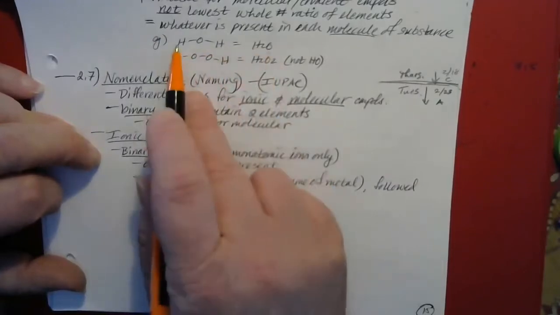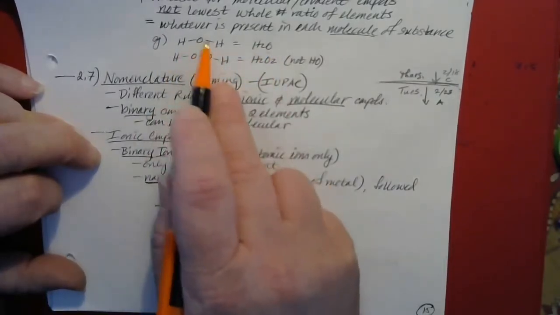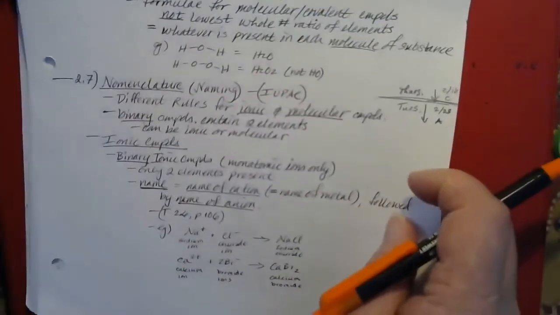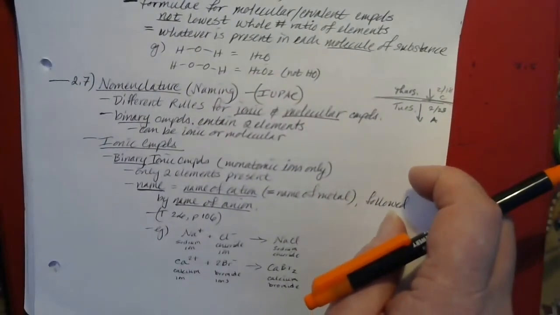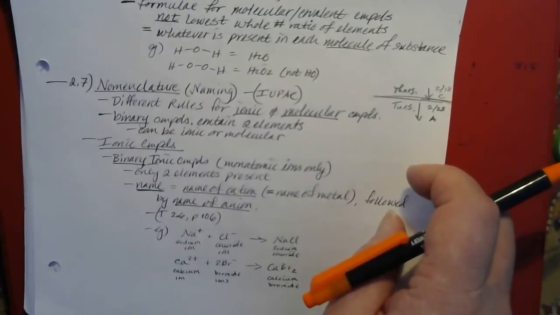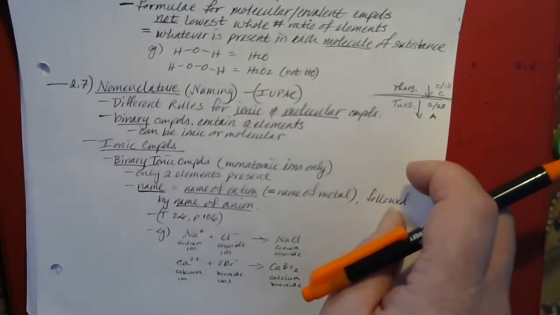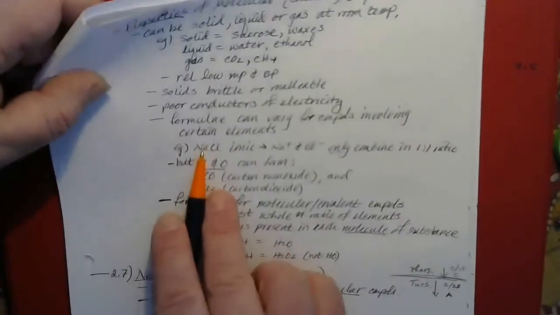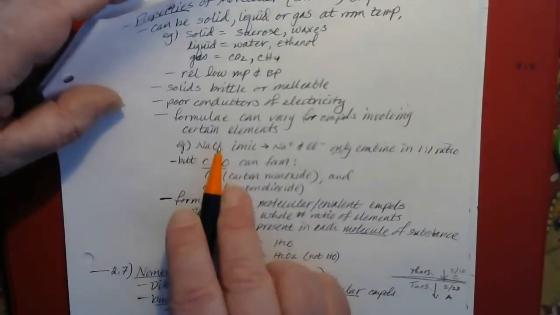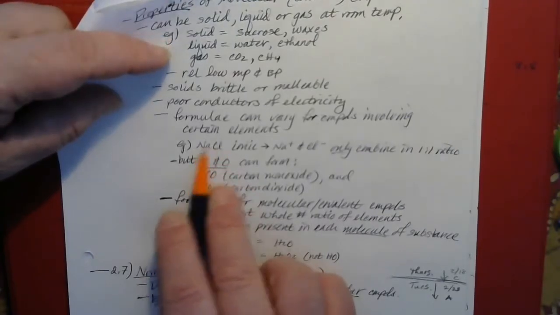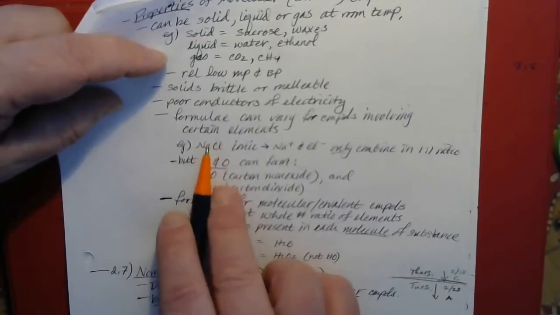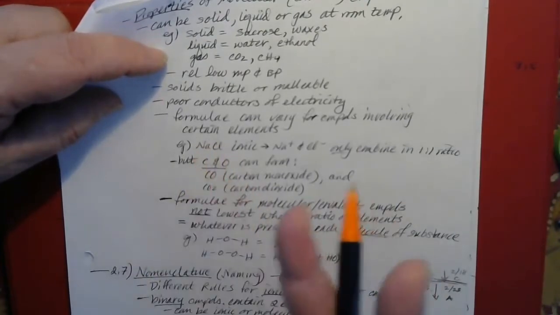Water, H2O, is a molecular type compound, and it involves hydrogen and oxygen, so that's binary. Sodium chloride involves the metal sodium and the nonmetal chlorine, which makes it an ionic type compound. But that's also binary because it involves sodium and chlorine, two elements and nothing else.